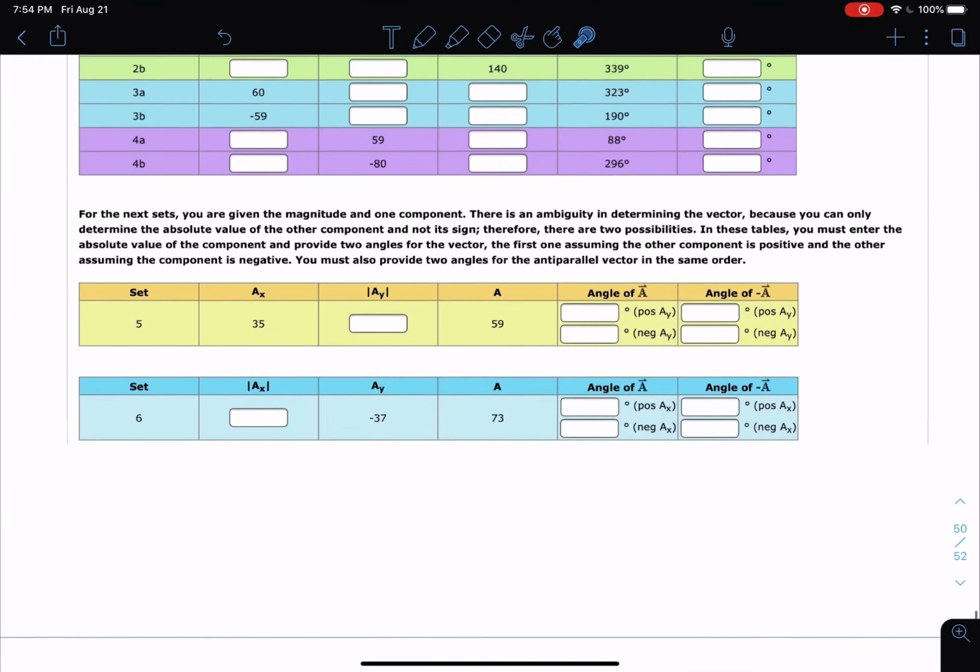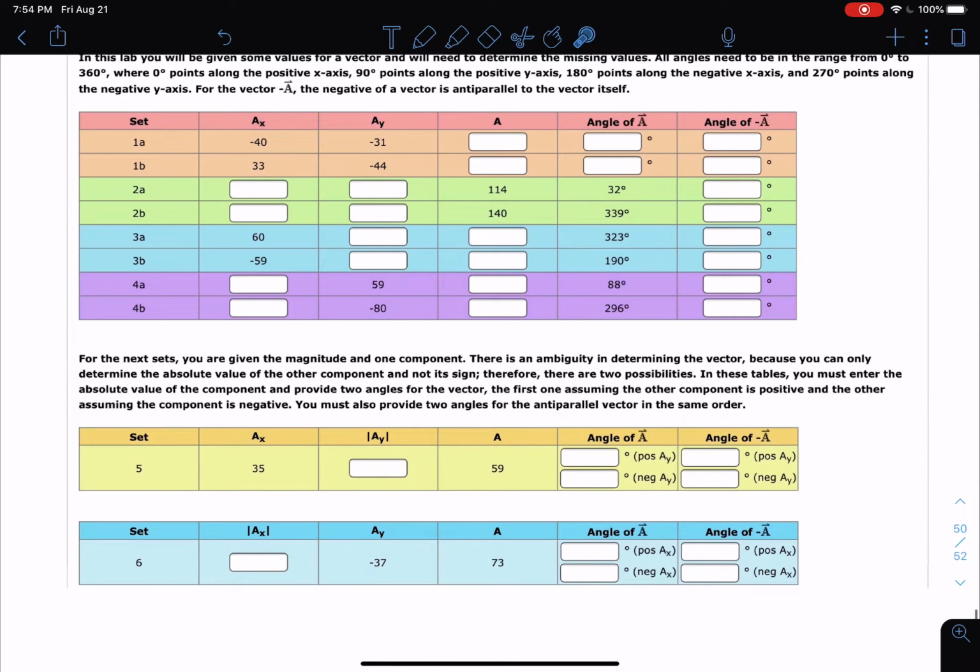The last thing that I wanted to go over were sets 5 and 6. I already mentioned these are kind of an interesting case. They're different than the others, and that has to do with the Pythagorean theorem. So you can see for sets 5 and 6, you're only told one of the components and you're told the magnitude.